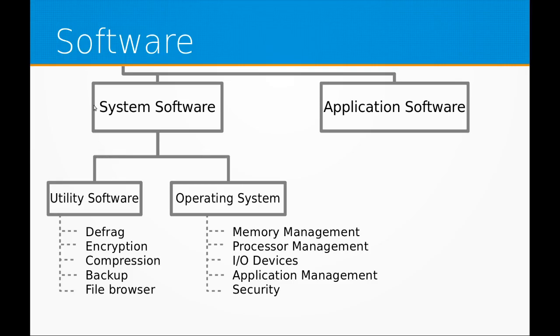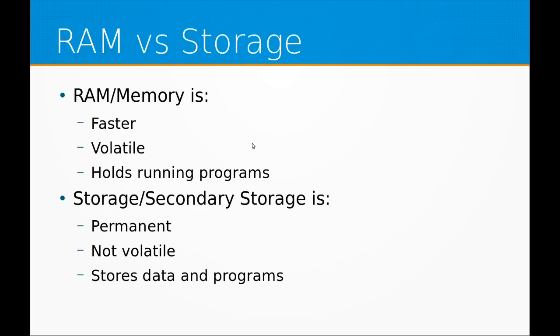Okay, so that's your software, but where is that software actually stored? Well, you got the RAM, also known as memory or primary storage, or you've got the storage, also known as secondary storage, or your hard drive or your solid state drive. Now, your secondary storage is where your programs and your software are stored.